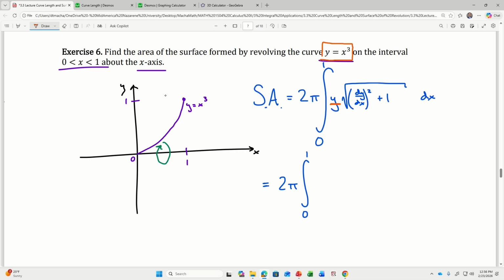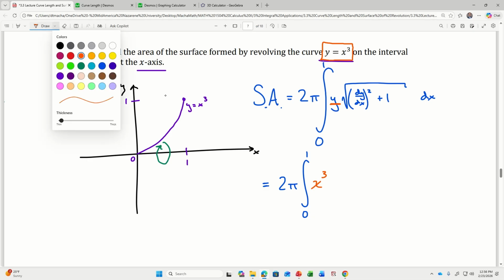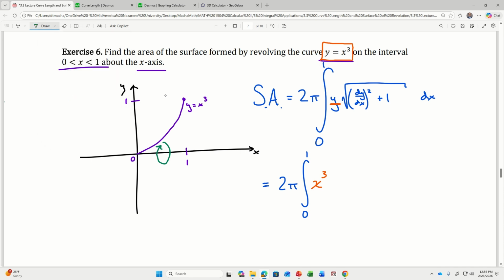Because y is equal to x cubed, so I'm just going to write x cubed. Okay, next I need, what is dy/dx? 3x squared. And so (dy/dx) squared would be (3x squared) squared, also known as 9x to the fourth.